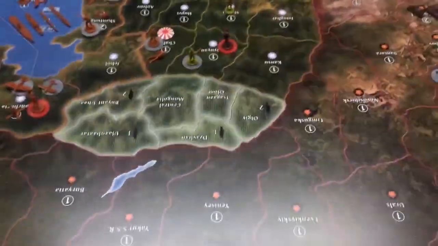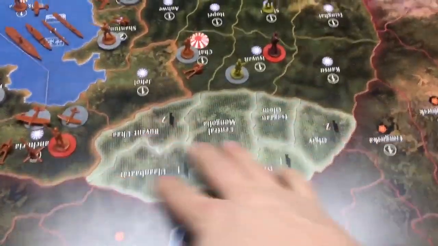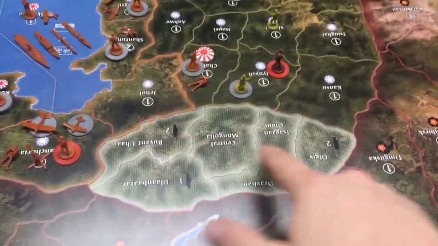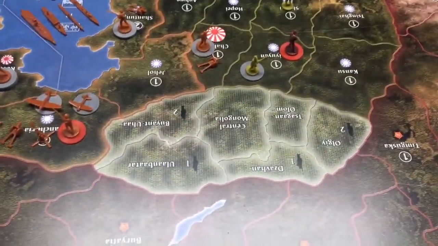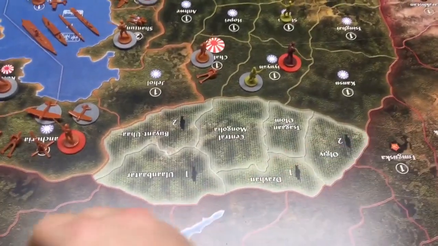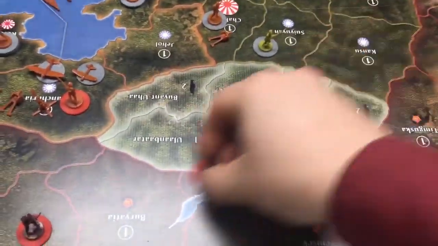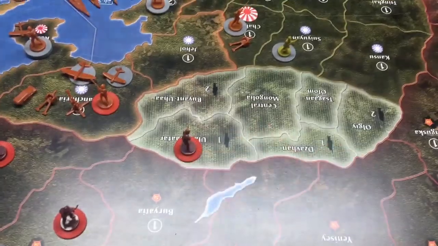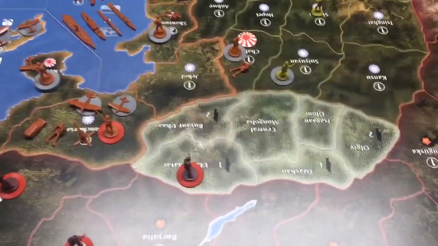However, over here in Mongolia, the only way that these Mongolian territories will ever become pro-Axis is if Russia attacks them, okay, as a strict neutral.